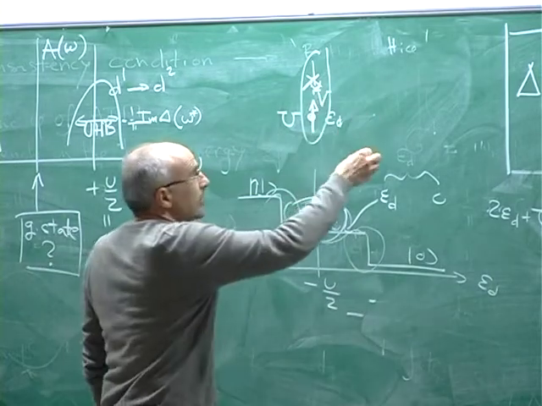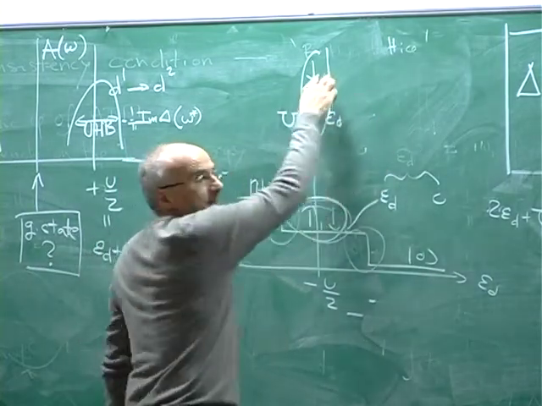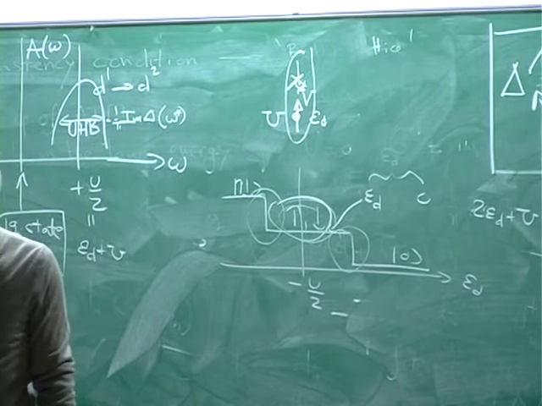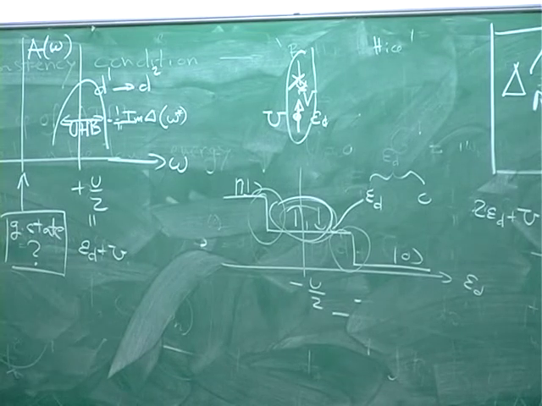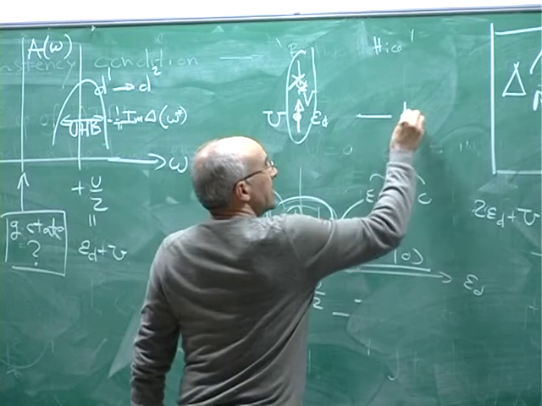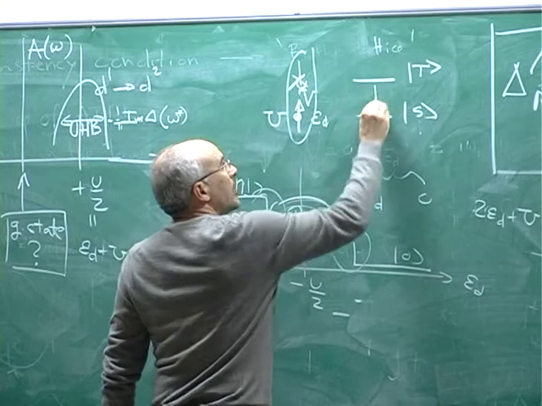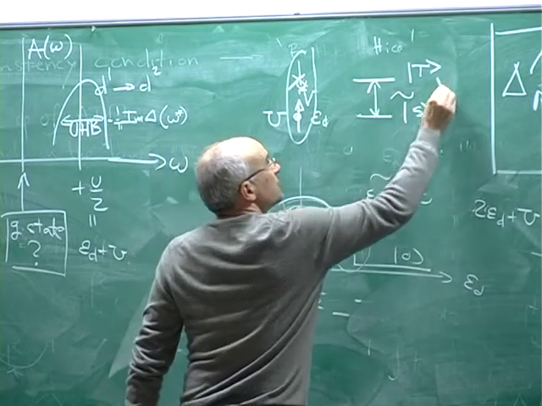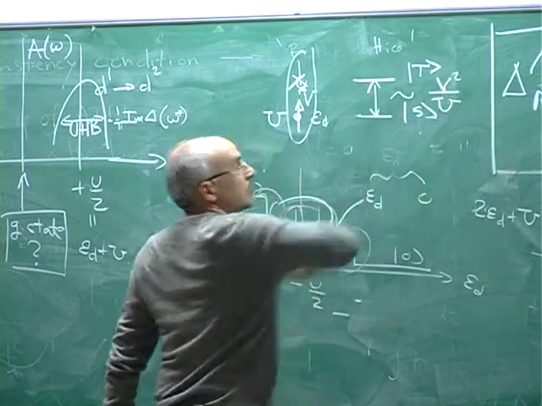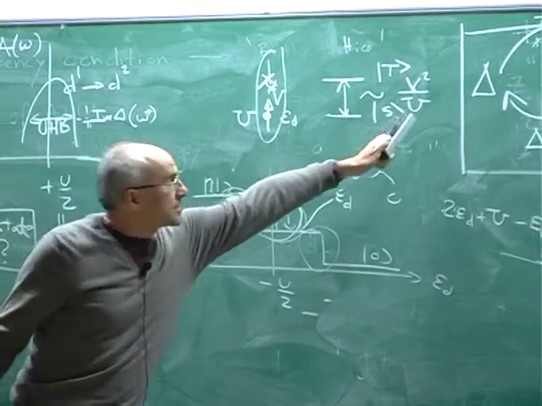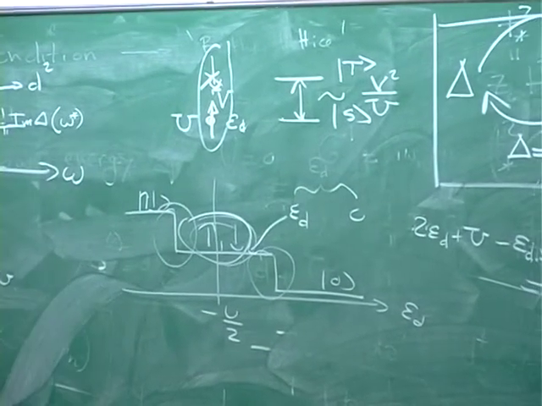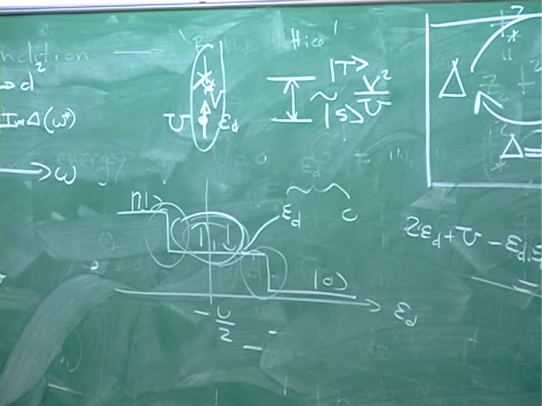So same story. Actually, if there is a state in the bath at zero energy, let's say, the singlet state will be favored, okay? And the singlet state will be favored over the triplet one by an amount which is proportional to V squared over U. This is called the Kondo coupling in this problem.